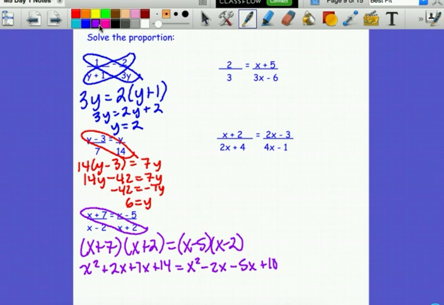And you are going to be extremely lucky here. If you try to collect your x squareds together, they are going to cancel out. So on the left-hand side, I have 9x plus 14, and on the right, I have negative 7x plus 10. So adding my 7x to the other side gets me 16x, and subtracting that 14 from both sides gets me to negative 4. So x is negative 1/4 once we divide.